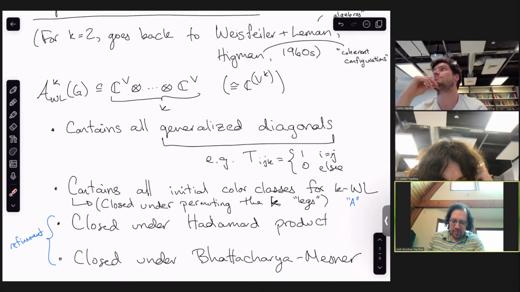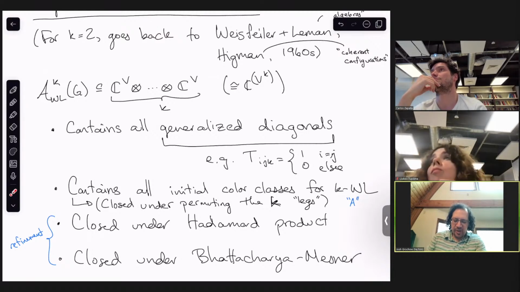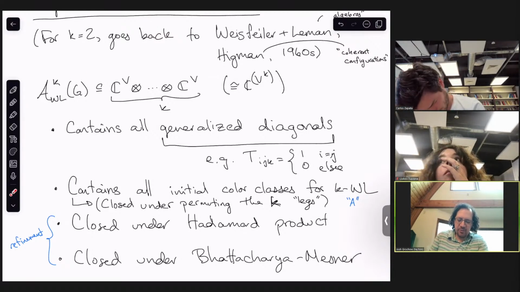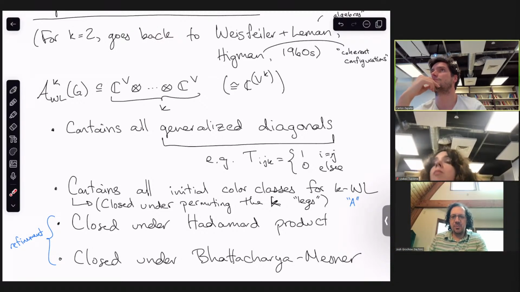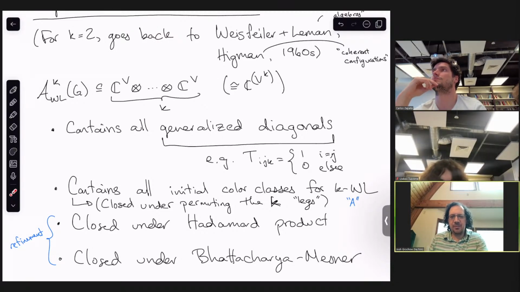You could, for example, disprove identities by constructing graphs where the Bhattacharya-Mesner product on this algebra did not satisfy the identity. It's a little bit like the thing we had talked about previously, but I think it's actually different.